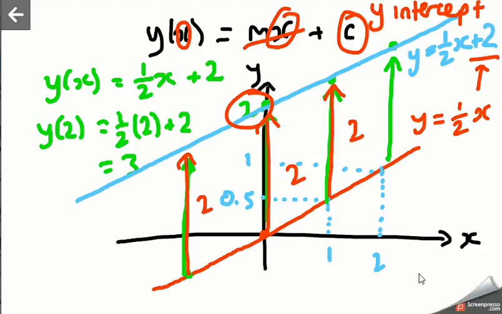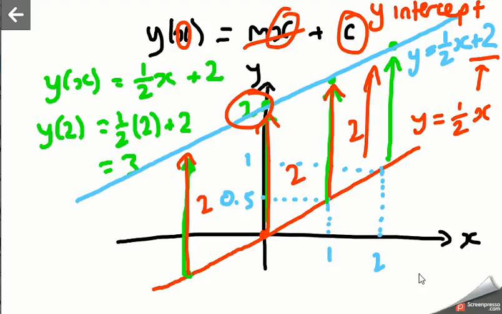And it has the effect of shifting the function y of x equals mx by c. Now c is positive for our example here. C is equal to 2. That's why we moved up in the positive direction by 2.